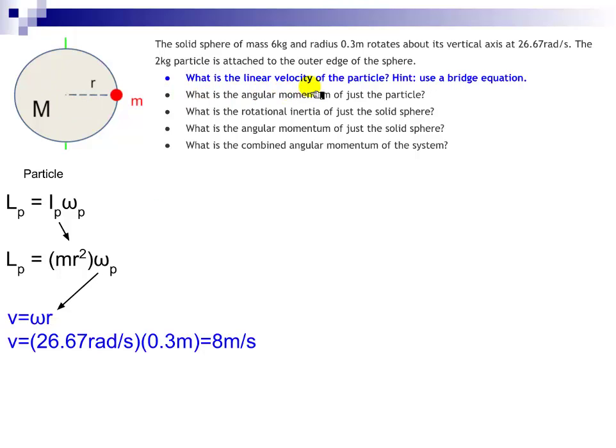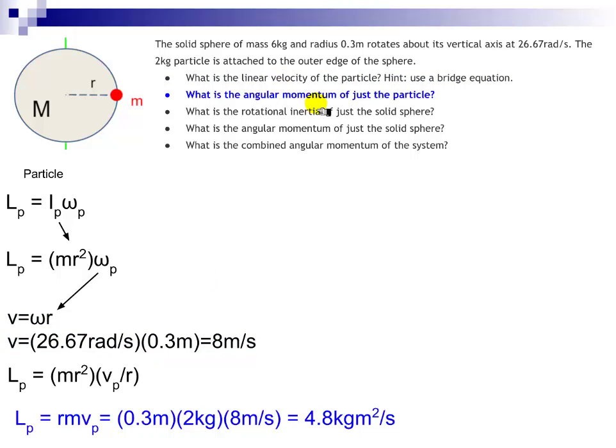So first, to find the linear velocity of the particle, we need to use this bridge equation like we said earlier. So we take the 26.67 radians per second, multiply it times the 0.3 to get 8 meters per second for the linear velocity. Then to get the angular momentum of just the particle, again, we plug it into this equation.